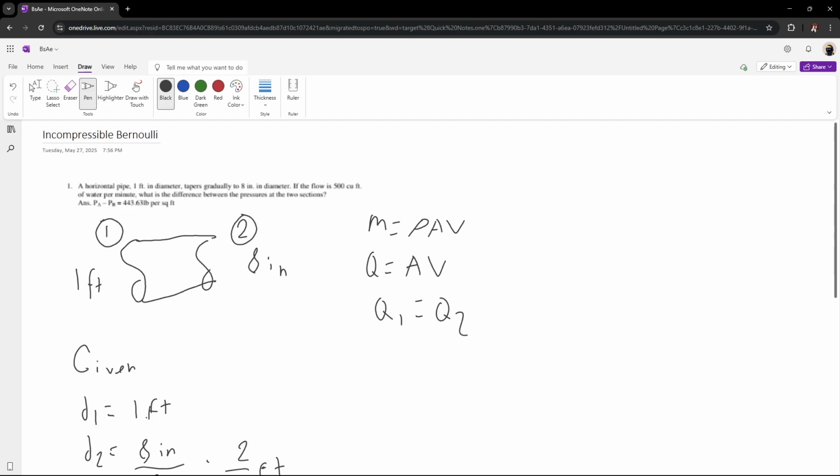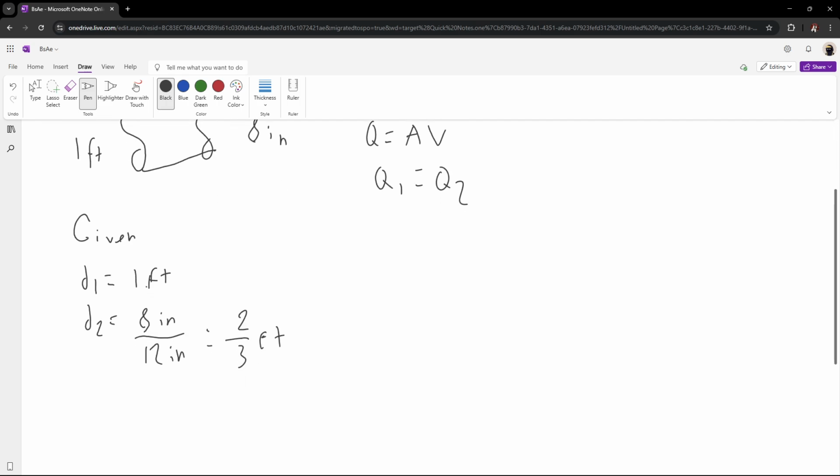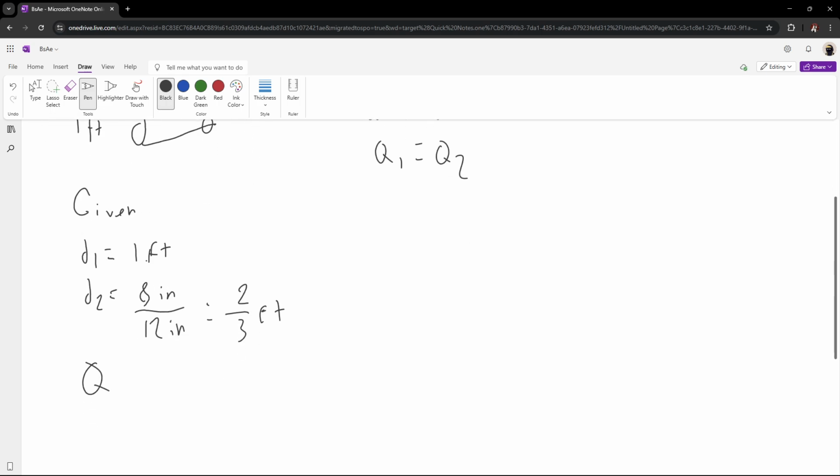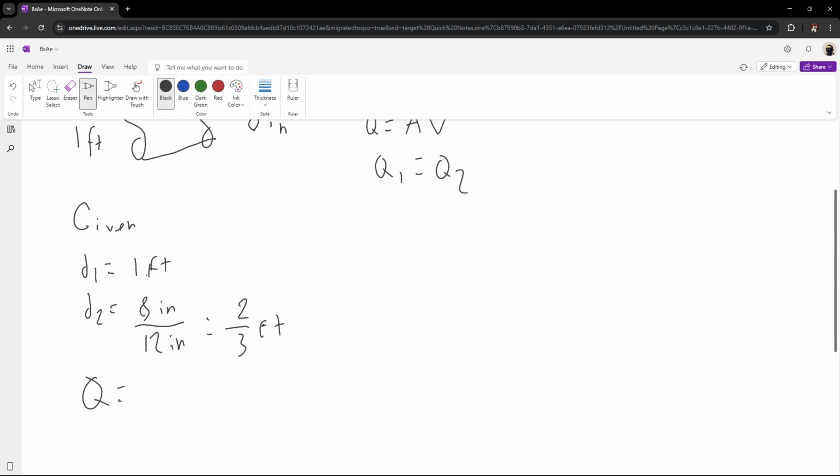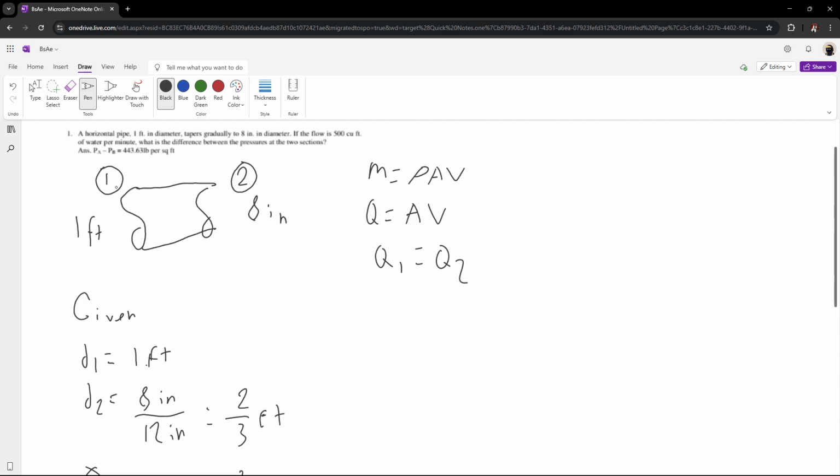The other given that we have is the Q, which is 500 cubic foot per minute. Now to get the answer P_A minus P_B, we have to use incompressible Bernoulli. However, we also have to use this to get the velocity 1 and velocity 2.